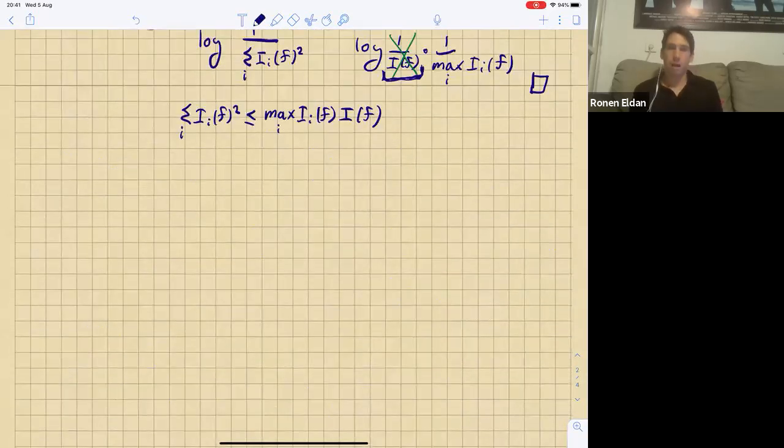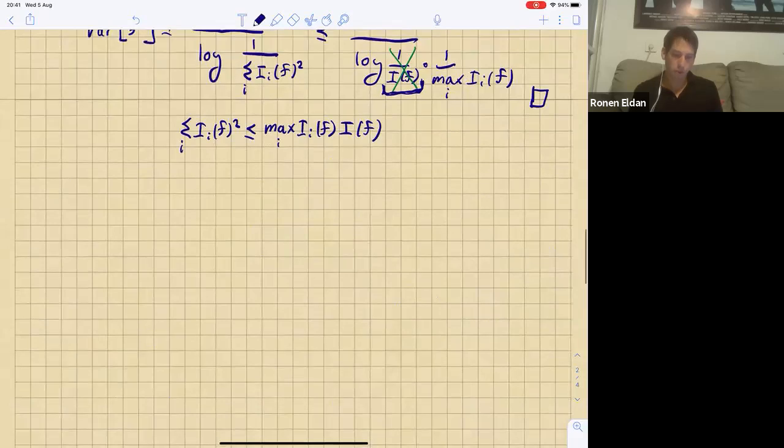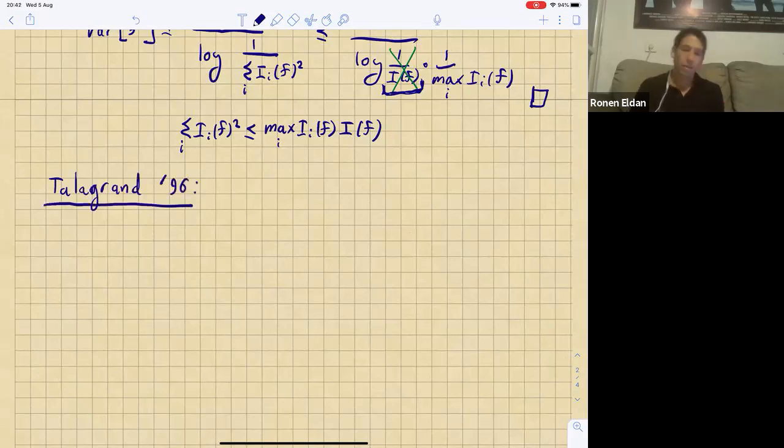Good. Let's continue and discuss one last concentration inequality, again due to Talagrand, but a different one. The previous one was Talagrand 94, and this one is Talagrand 96 or something like that. And this is a strengthening of the KKL inequality.